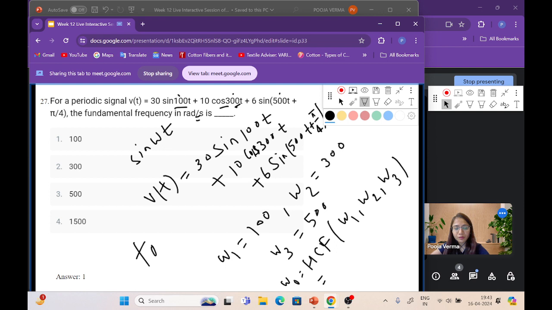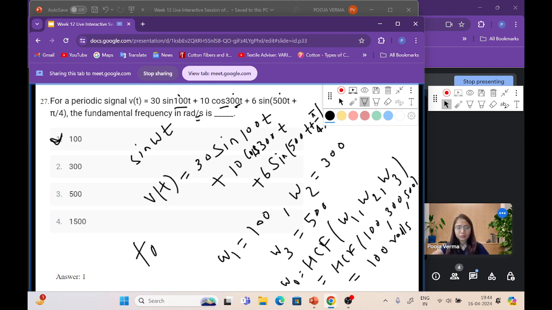Okay. So HCF of 100, 300, 500. So what will be the HCF? It is 100, 100 is common. So HCF is 100. So that means the fundamental frequency is 100 radians per second. So option 1 is the correct answer for this question.